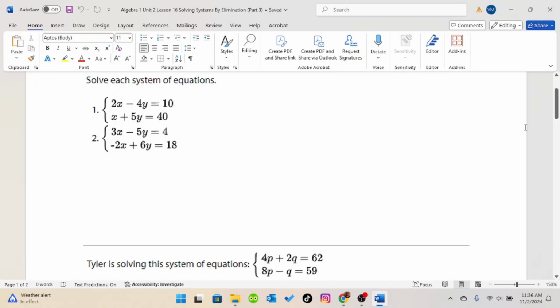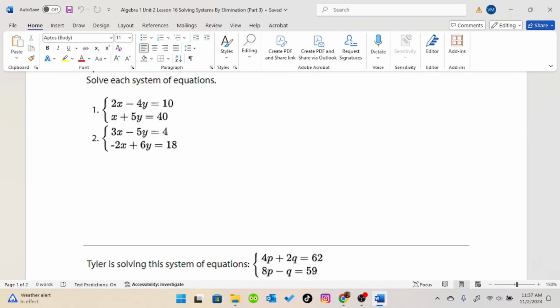As we start the practice problems for Unit 2, Lesson 16, remember that our goal in this lesson is to use elimination by first multiplying one or both of the equations by some number so that it sets up elimination by adding or subtracting.